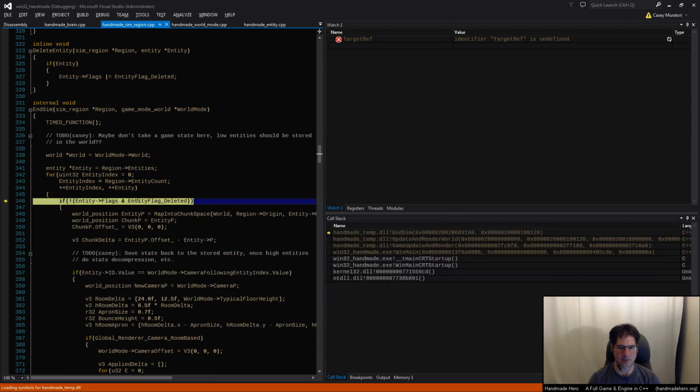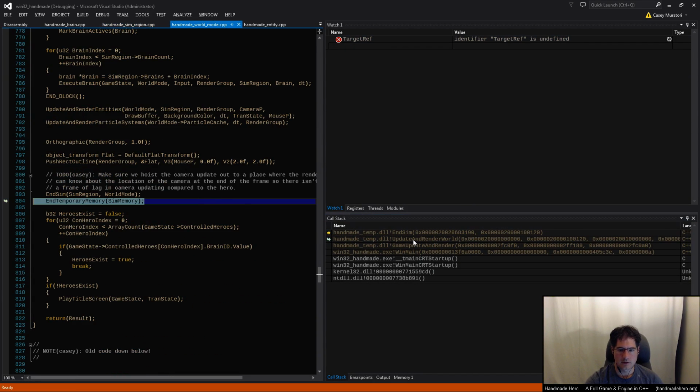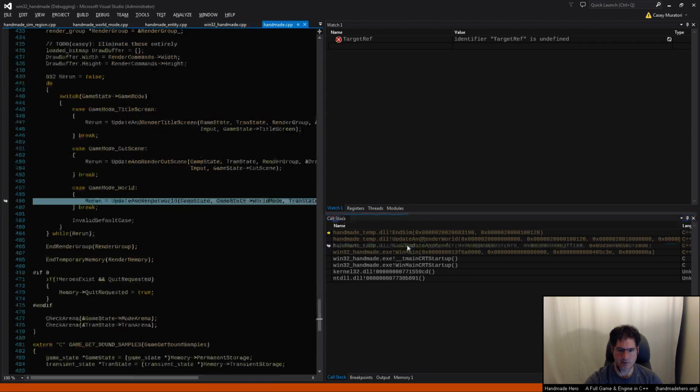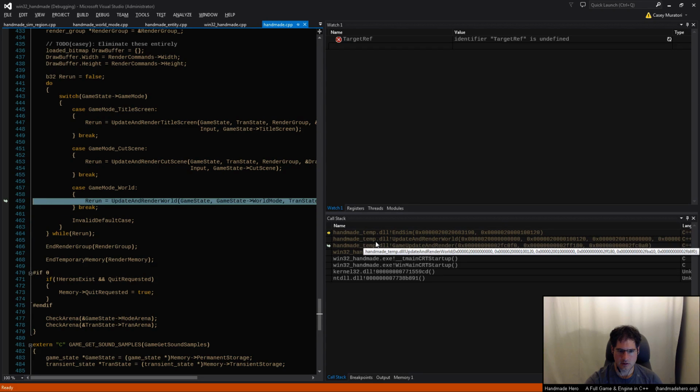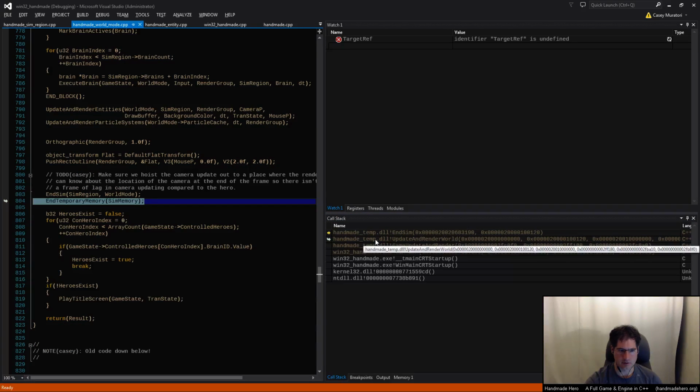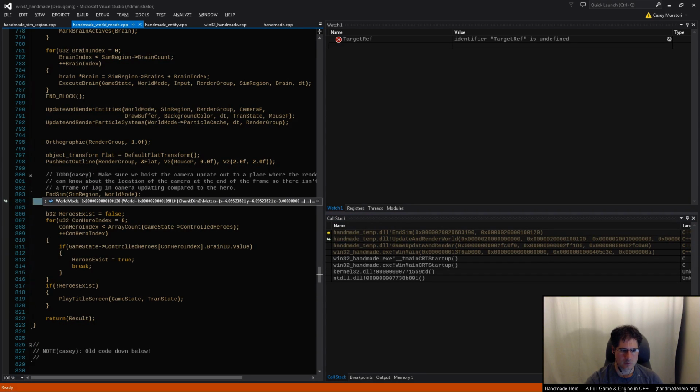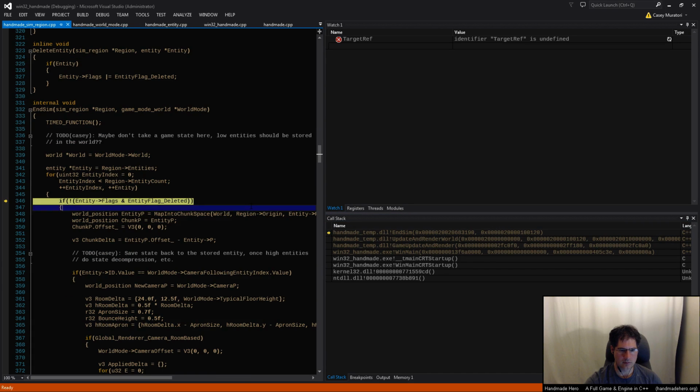I'll check temporarily to make sure that there isn't an obvious bug for me to fix before going any further. Update and render world mode, and sim.